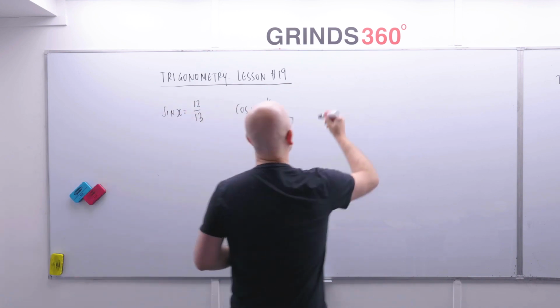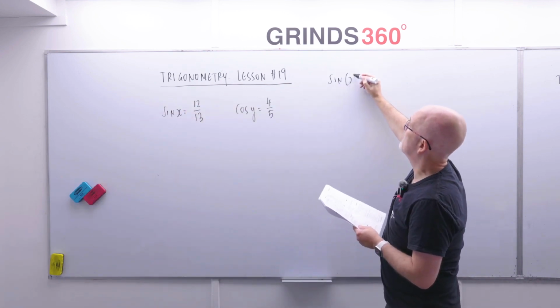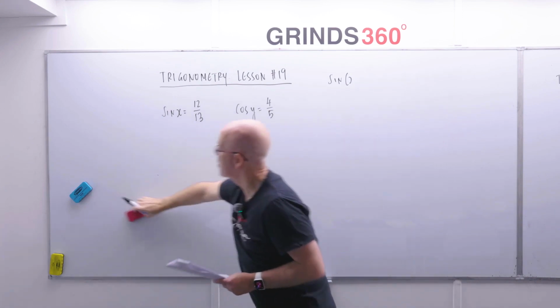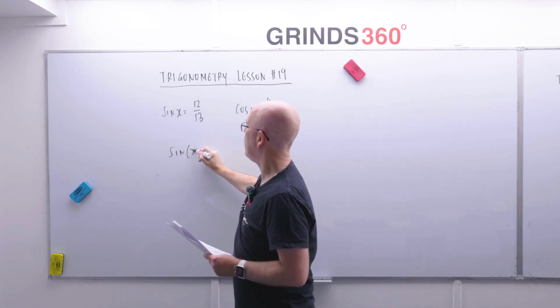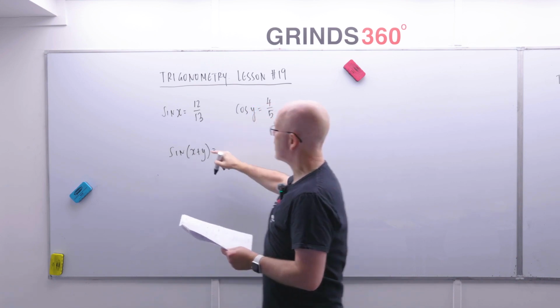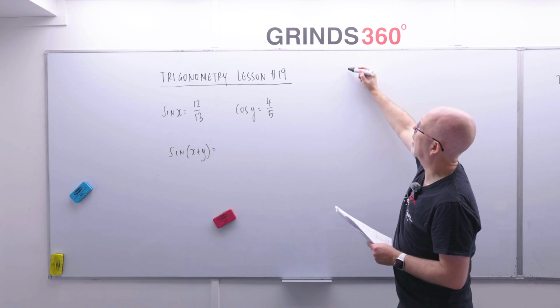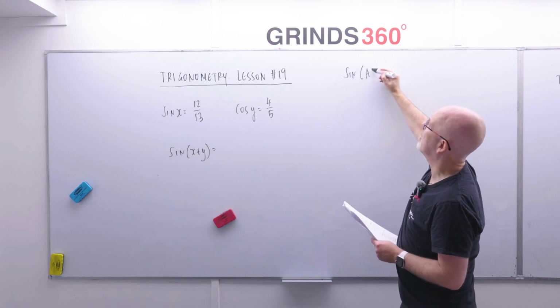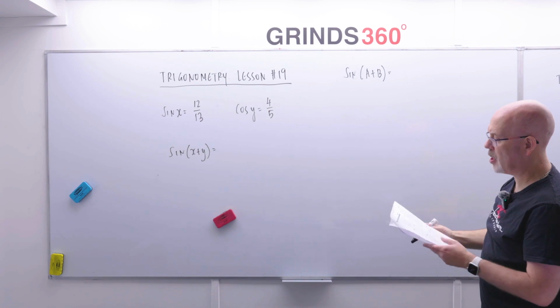Now, if I want to find sine of x plus y, which is what I'm looking for, that's two angles added together. So remember, I use my compound angle formula for sine A plus B. That's the one at the top of page 14.